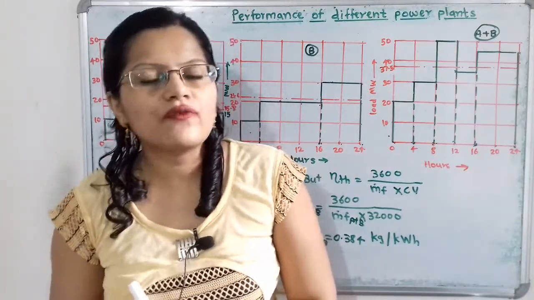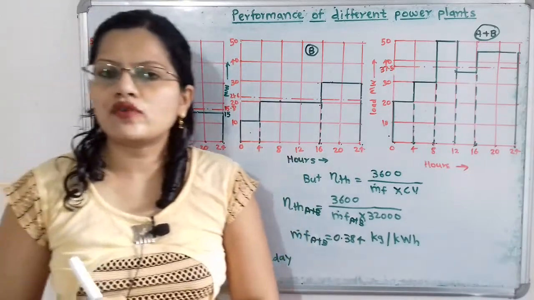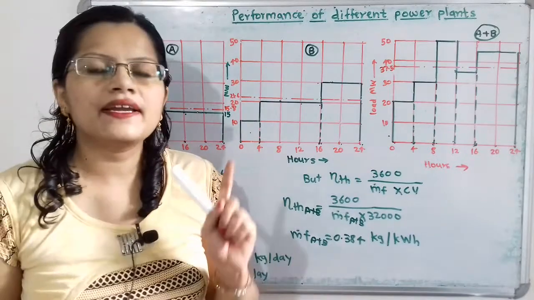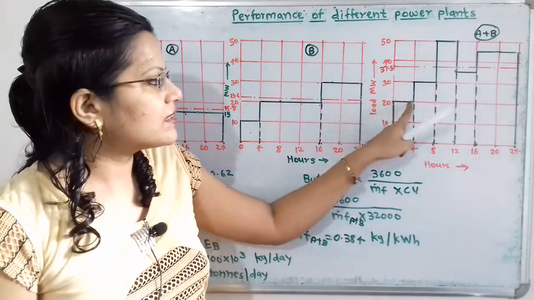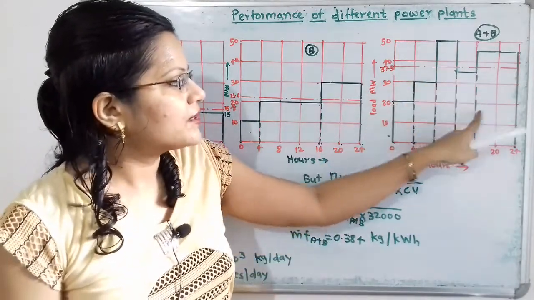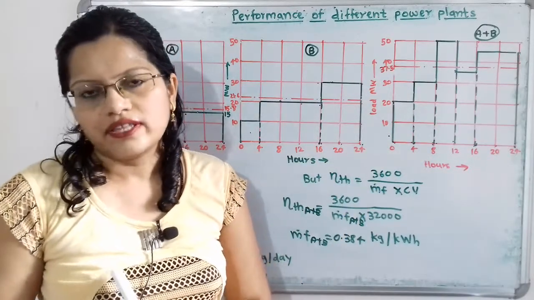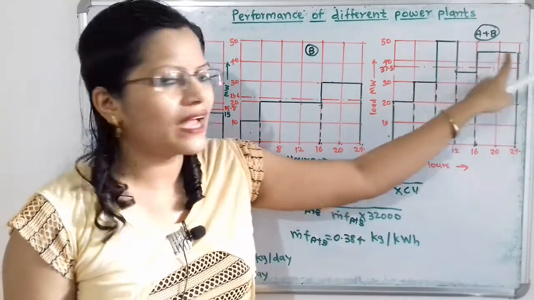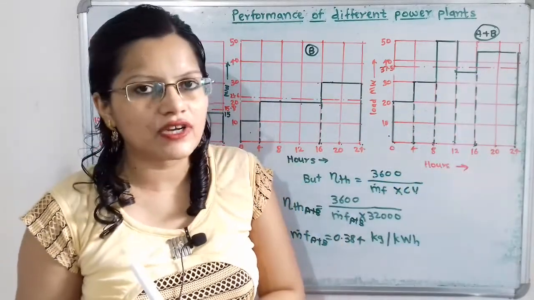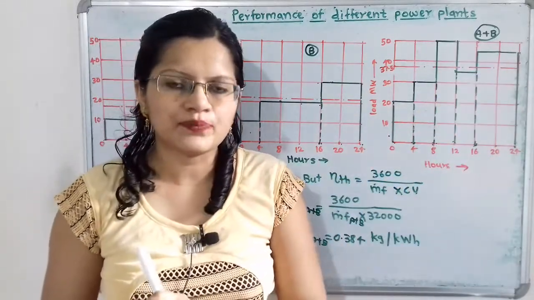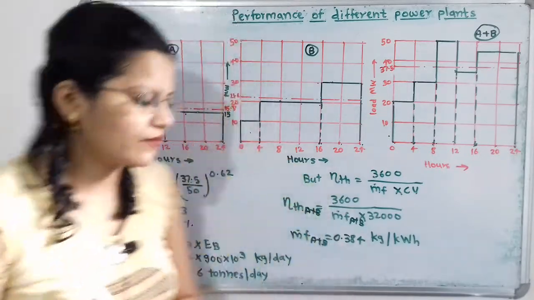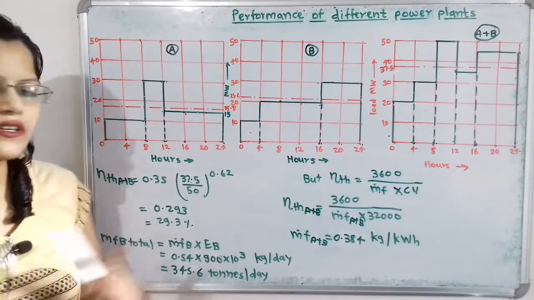Now how to find out the total amount of fuel supplied? So for that we have to again multiply here the energy generated for this load curve, that is nothing but area under this load curve. So how to calculate it? So we have already calculated and it is in megawatt hour. So we have to convert it into kilowatt hour, that is 900 into 10 raised to 3.